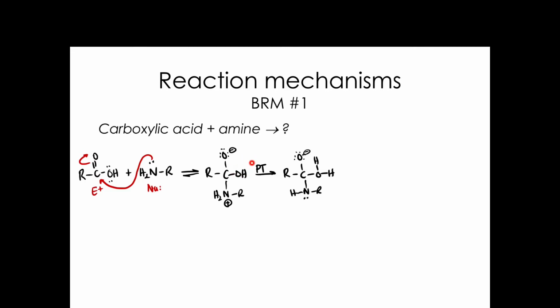And we need to protonate the hydroxyl group to make it into water, which is the leaving group that we'd want to have. So again, we still maintain the same overall charge balance, but we've changed who is the better leaving group here. Collapse of that tetrahedral intermediate.